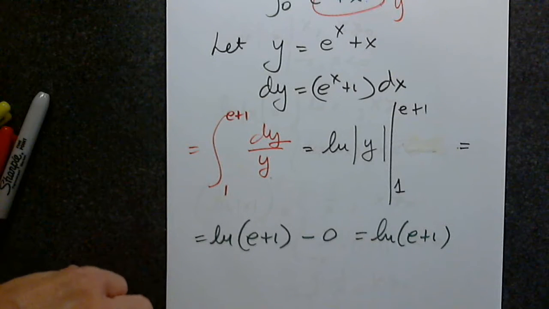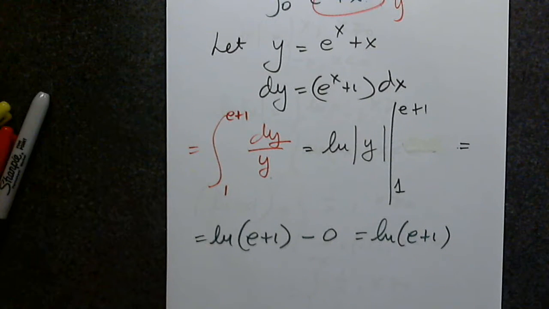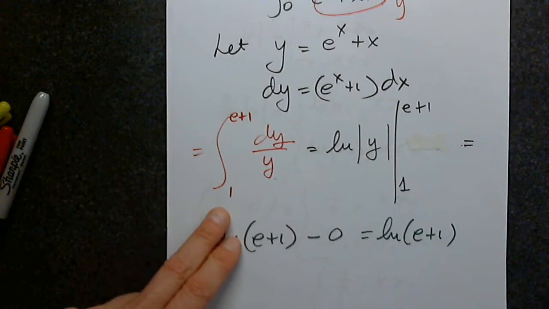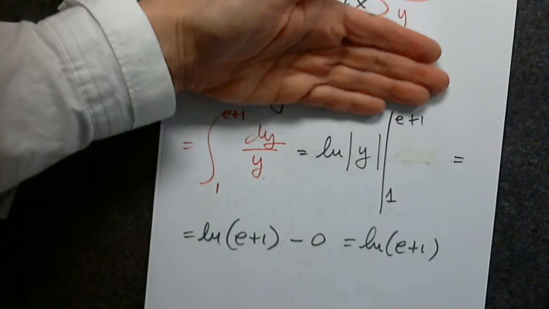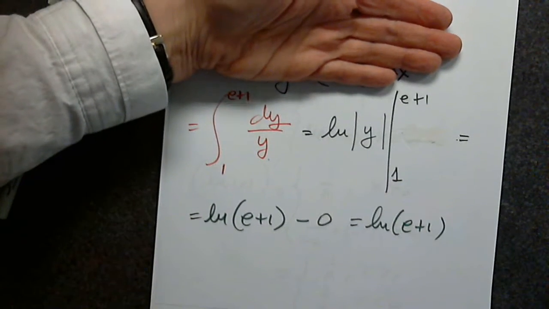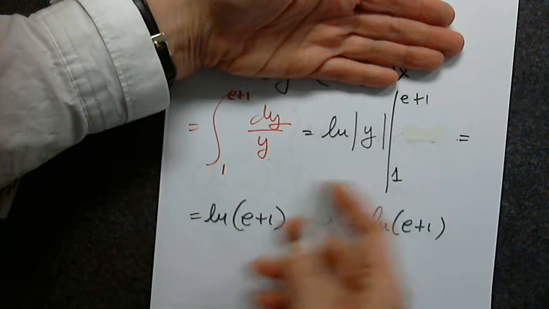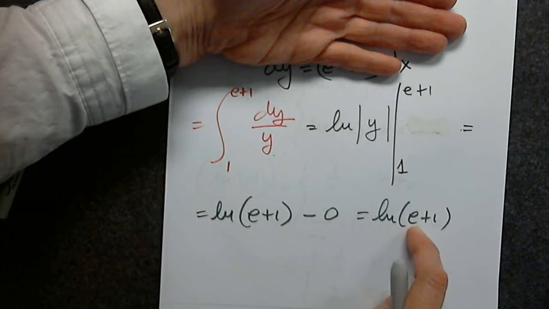I'm not going back. In a definite integral, the answer is a number. I don't care how I solve it. If I solve it for x or I solve it for y, the number will be the same. The integral is the integral from 1 to e plus 1 of this. I don't care what I had before that. This is my integral, and the answer is this.